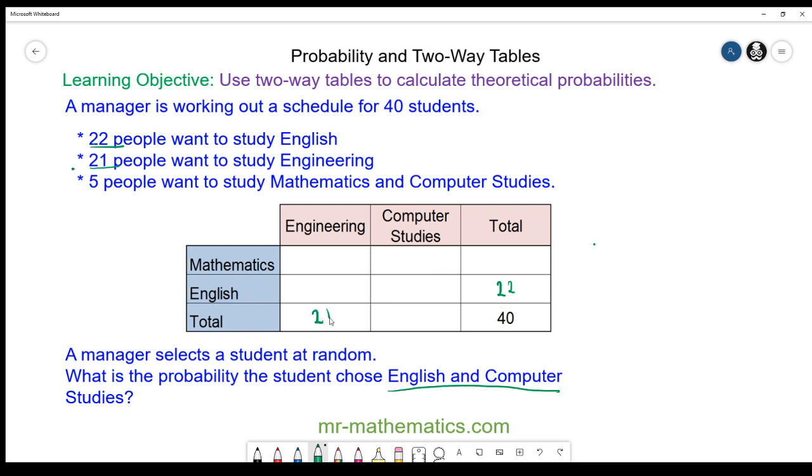And 5 people want to study mathematics and computer studies. So mathematics and computer studies, the 5 goes there. Okay. I'll give you another 30 seconds or so to try and complete the rest.